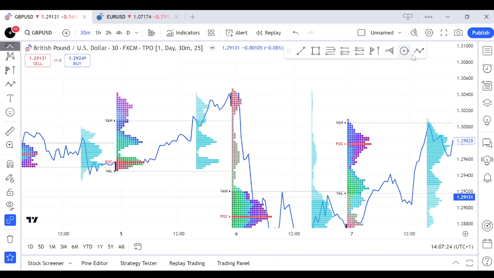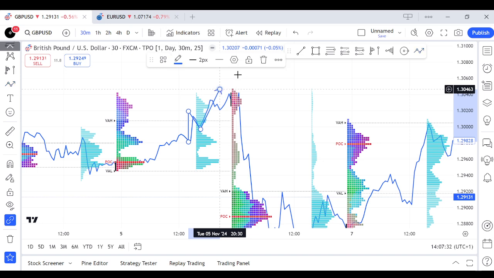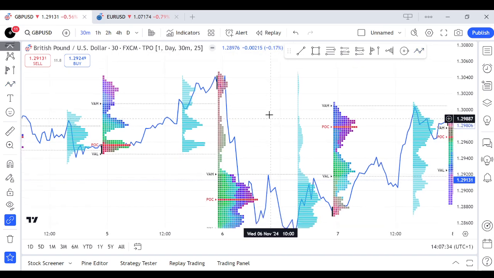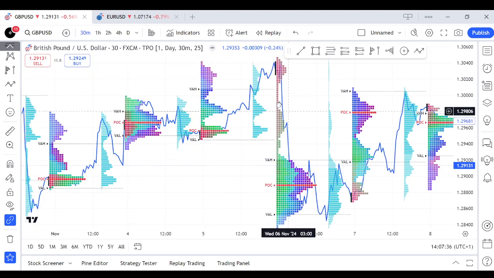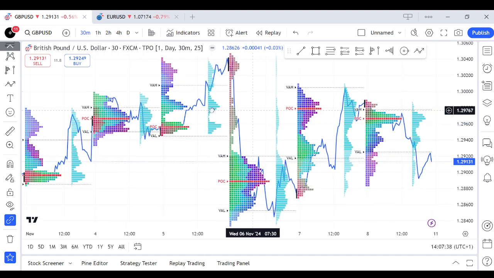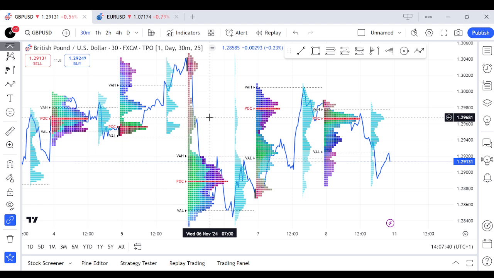You can see this one, price broke above the value area high here, give us a retest, and see movement to the upside before this massive retracement right here. So that's how you can use the market profile to identify value areas and fair price.